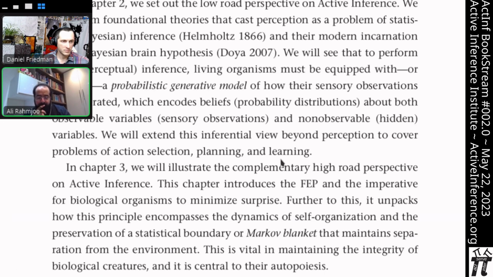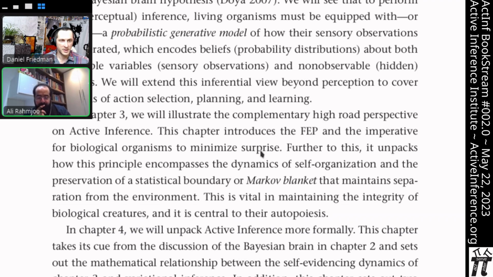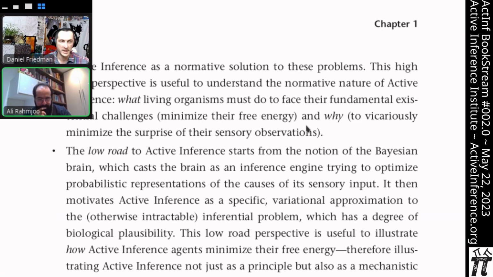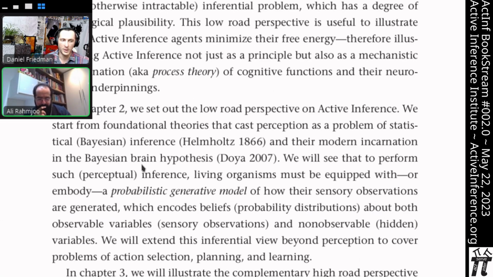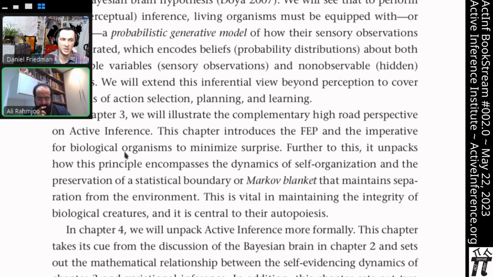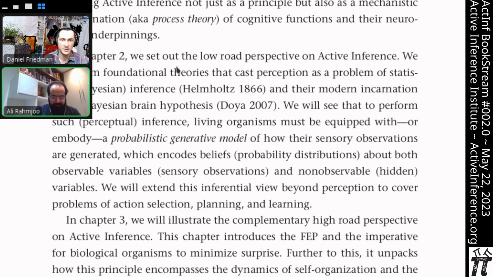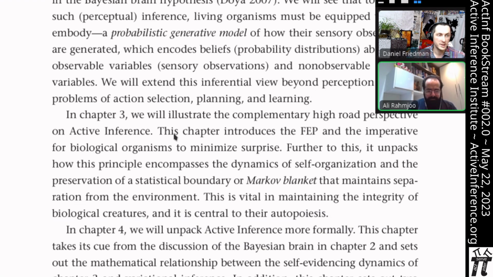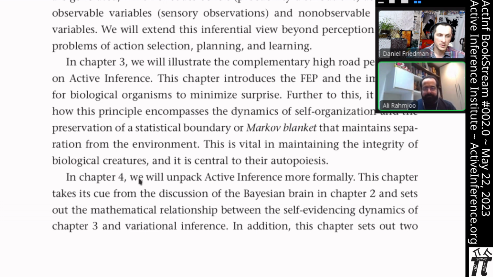Yes, sure. Some of the coming sections of this chapter, continuing from page 8, describe what is happening in the next chapters. Chapter 2 is going to set out the low road perspective. Chapter 3 is going to describe the high road. In chapter 4, we will unpack active inference more formally.